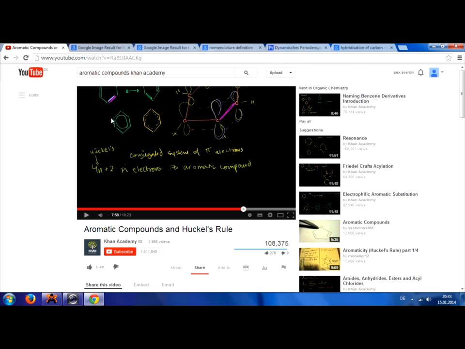So ang rule niyan is every bend is a carbon atom, yan sa organic chemistry. So itong Huckel's rule is 4n plus 2. Ibig niya sabihin dito ay itong carbons. Yung carbon yan. So 4 times 1 plus 2 is equals to 6 carbons.